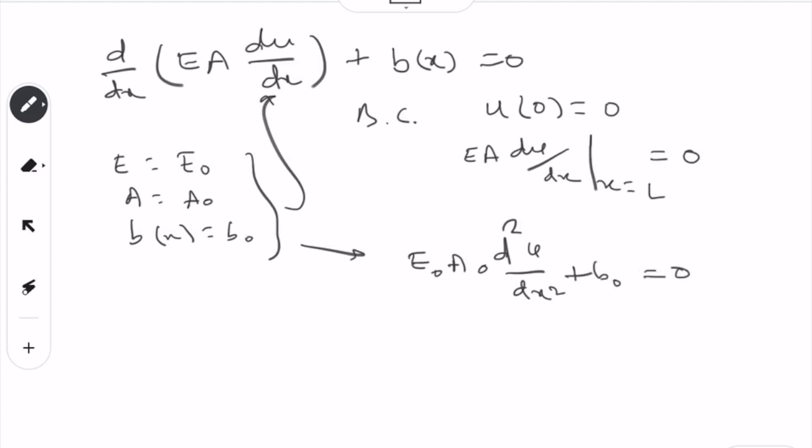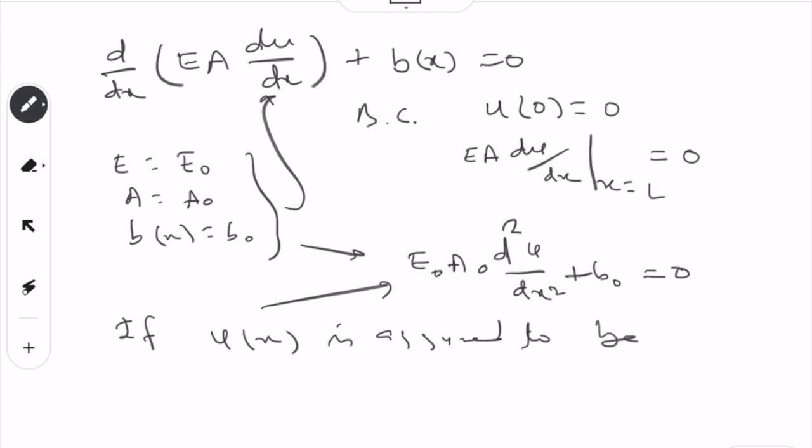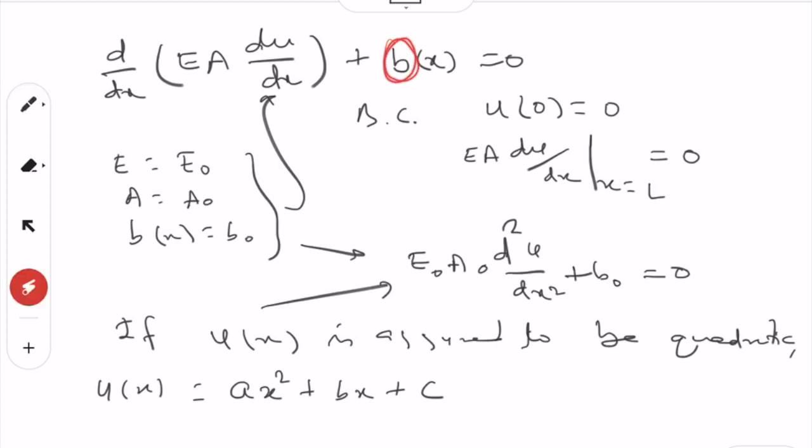Here, if we had assumed u x to be quadratic, meaning that if we assume u x as a x square plus b x plus c, we are using b already here, so let us not confuse this one.